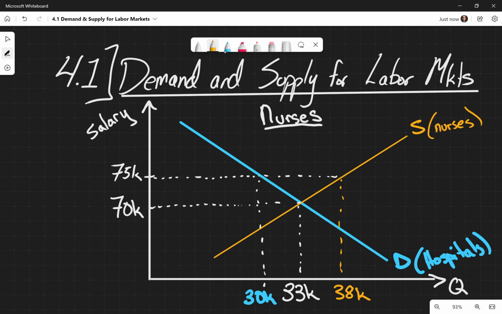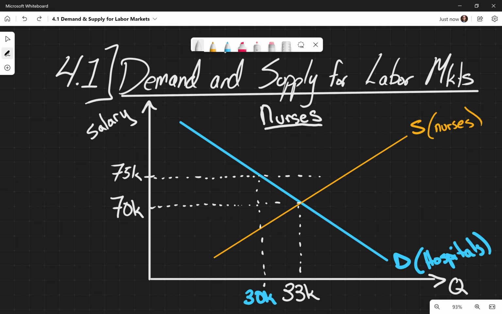So there is going to be a surplus of nurses, about 8,000 nurses, at this pay. This is what we call an excess supply of labor. Questions on that? Pretty straightforward, right? Once we figure out that the roles are flipped, it's pretty much the same thing as before. Nothing new.